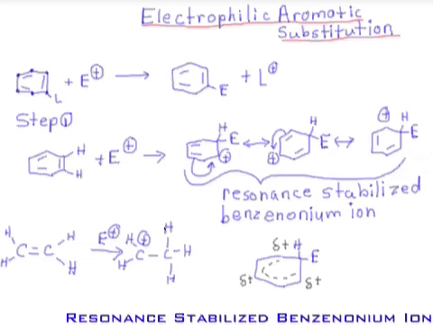Formation of the carbocation is the slow step. In most of the reactions we're going to look at, we're going to discover that this is actually the slow step, which makes sense. It takes energy to disrupt the aromatic ring, and it's not easy to do.